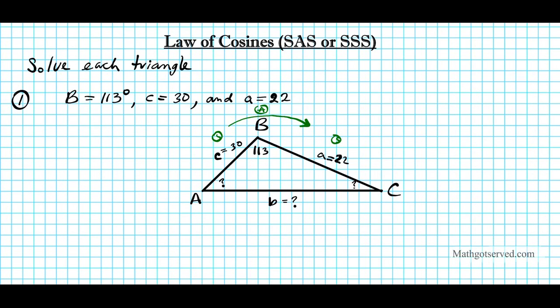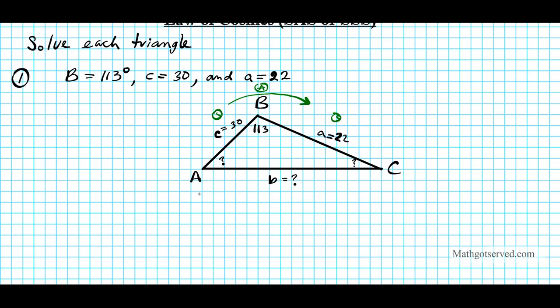All right, so which of the laws of cosines are we going to select out of these three? Out of the three of them, we have two sides here, so we're going to pick the one that has the two sides, okay? Just to refresh your memory, these are the three laws of cosines. We have a squared equals b squared plus c squared minus 2bc cosine A. This is the first one.